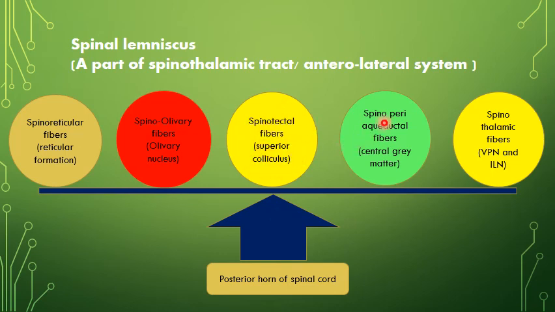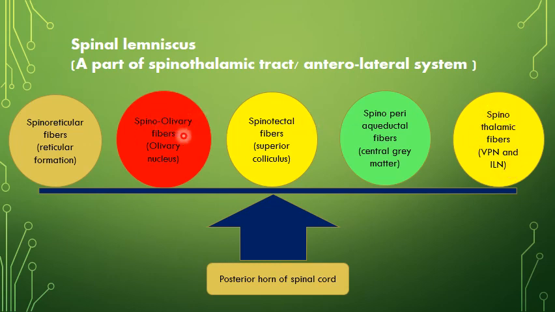The next one is the spino-periaqueductal fibers, from the spinal cord to the periaqueductal gray, the structure which is present around the cerebral aqueduct, the central gray matter. Then the spinothalamic fibers, to the ventroposterior nuclei and intralaminar nuclei, from the spinal cord to the thalamus.